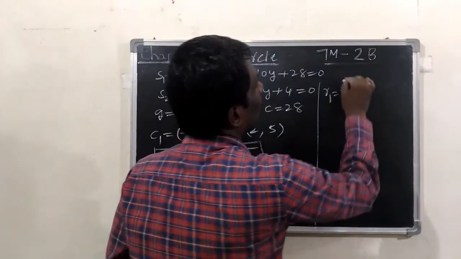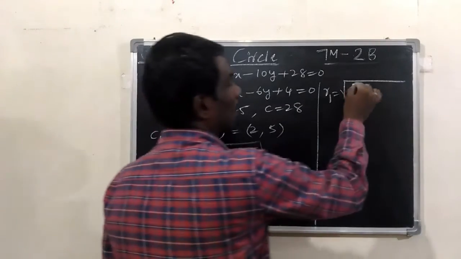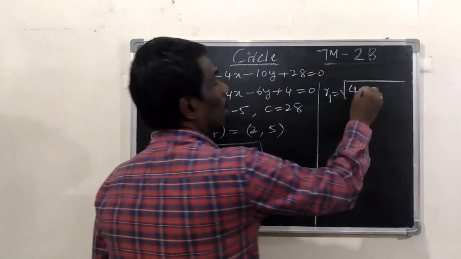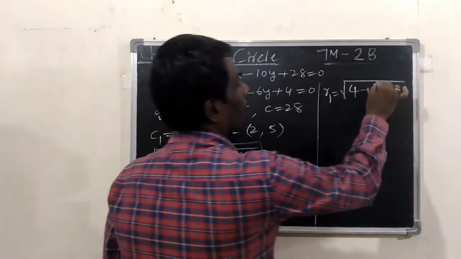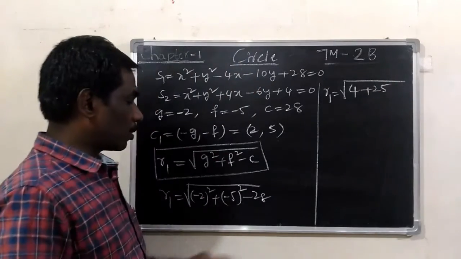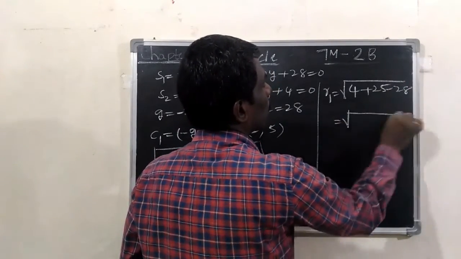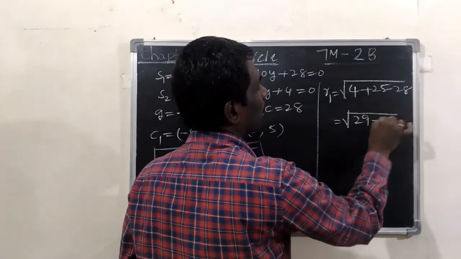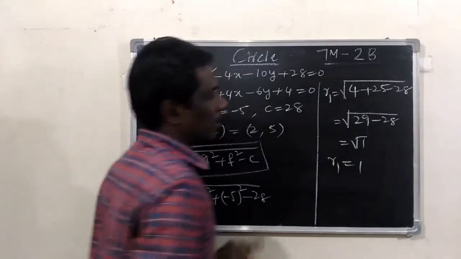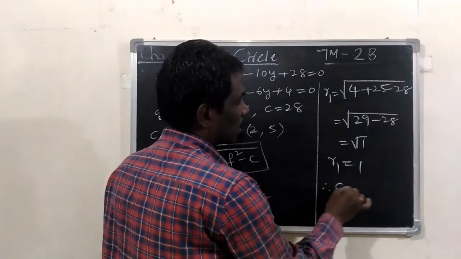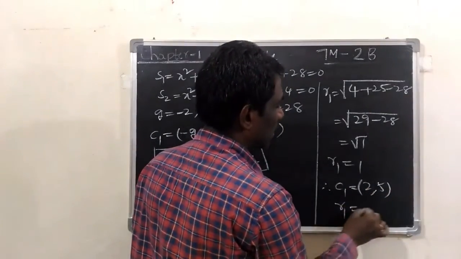R1 equals under root of minus 2 whole square, which is plus 4, plus minus 5 whole square, which is plus 25, minus 28. That is root of 4 plus 25 is 29, minus 28 is root 1, which is 1. So R1 equals 1. Therefore, the first center C1 is 2 comma 5 and the first radius is 1.